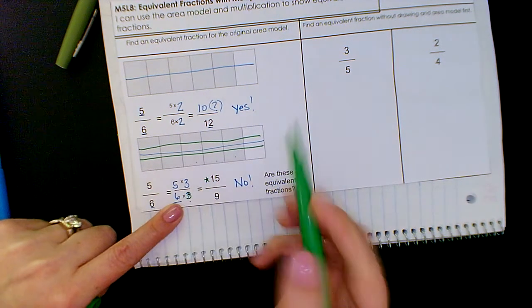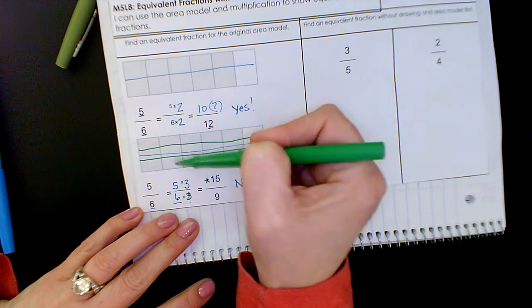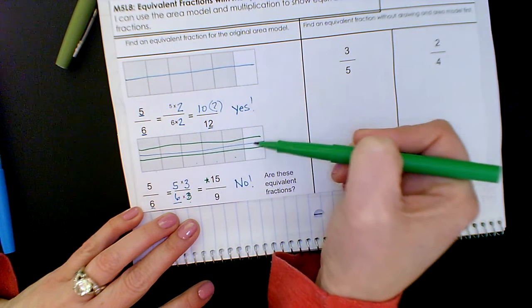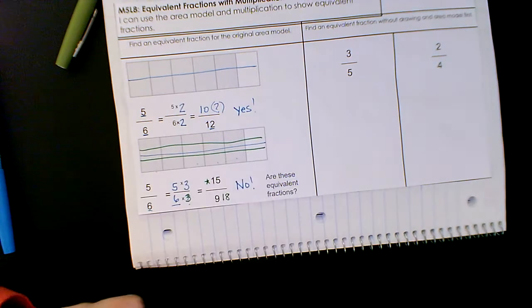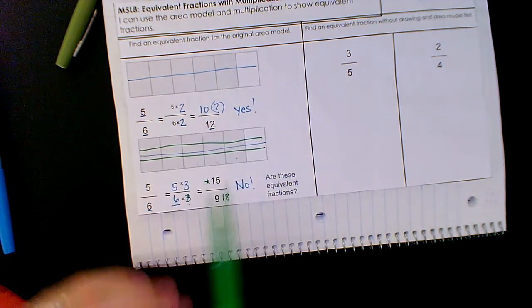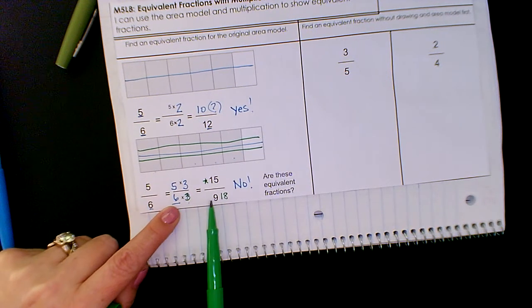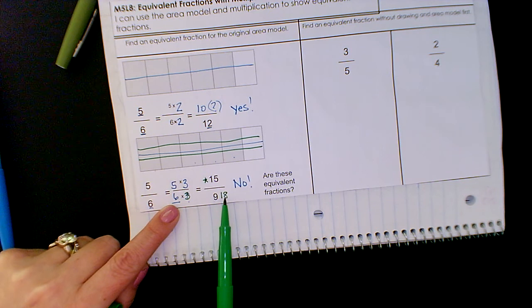6 times 3. Okay, let's find out what my whole is. 1, 2, 3, 4, 5, 6, 7, 8, 9, 10, 11, 12, 13, 14, 15, 16, 17, 18. So really, I know that 6 times 3 is not going to give me 9. It's actually 18.